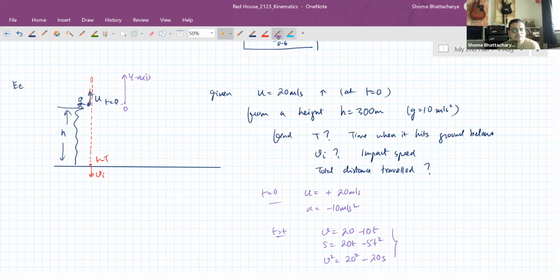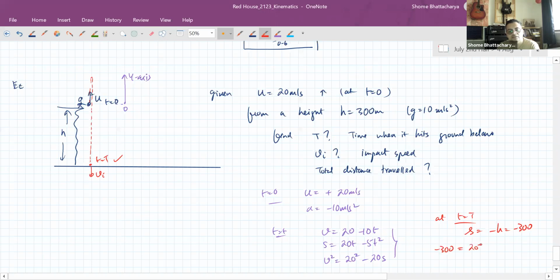Now at the time when it hits the ground, it's very good, 10 seconds is the correct answer. 80 meters per second is the impact speed. So when it hits the ground, you can see at t equal to capital T, what is the displacement? It is minus h, because our axis is upwards. So from these equations, you can see that minus 300 is equal to 20t minus 5t square.